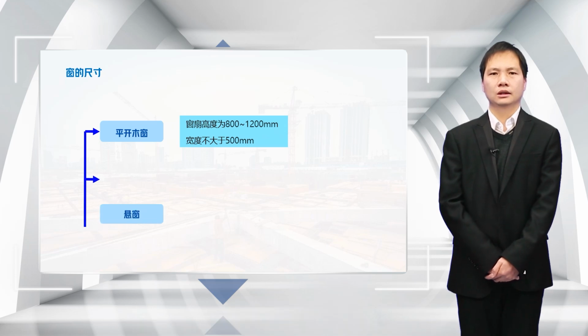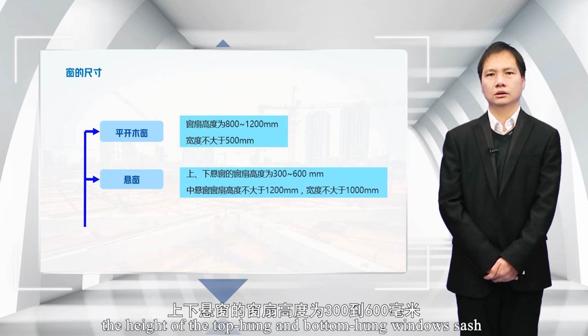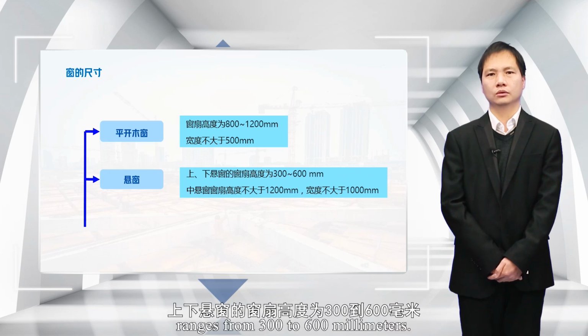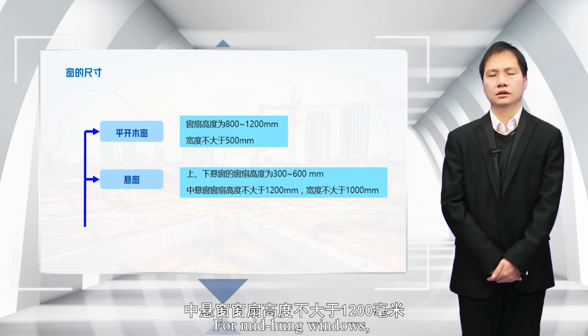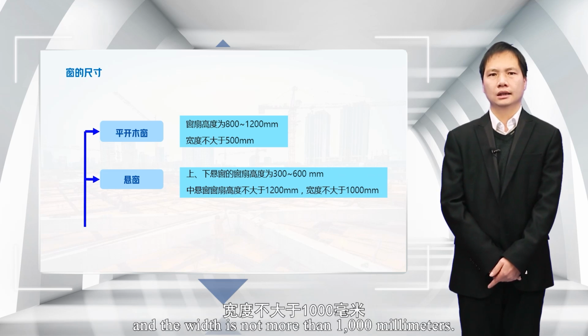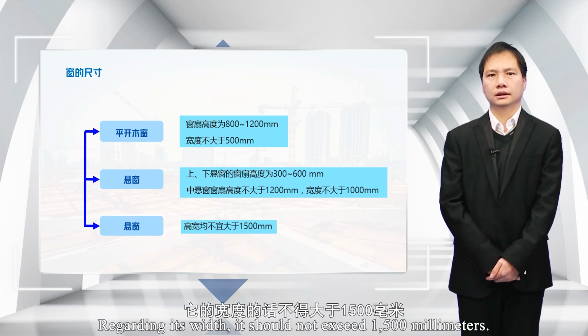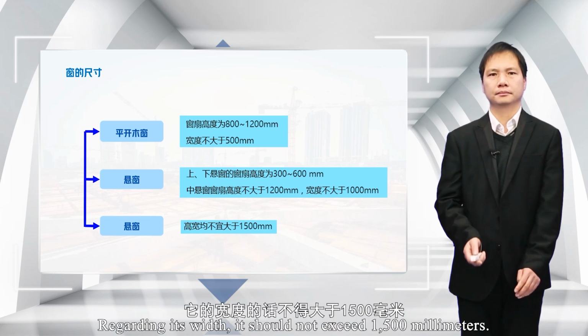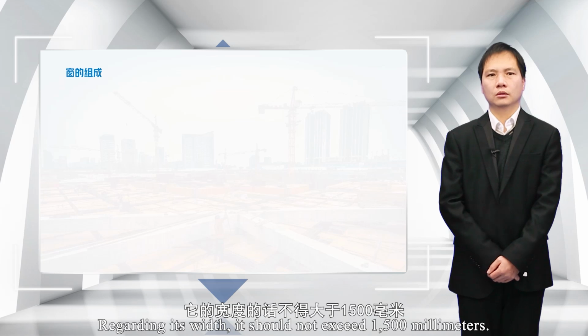Hanging window. The height of the top-hung and bottom-hung windows sash ranges from 300 to 600 millimeters. For mid-hung windows, the height of the window sash is not more than 1,200 millimeters, and the width is not more than 1,000 millimeters. Regarding its width, it should not exceed 1,500 millimeters.